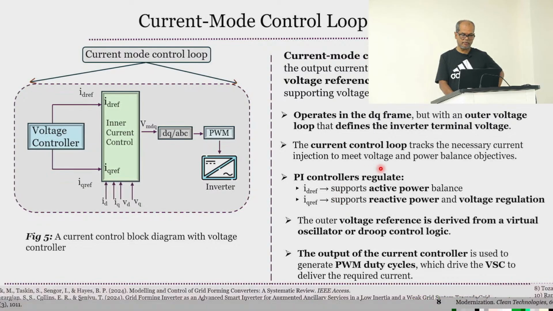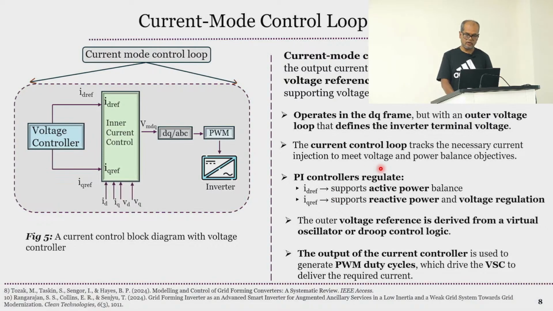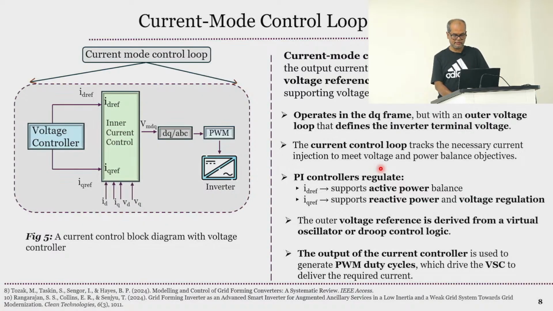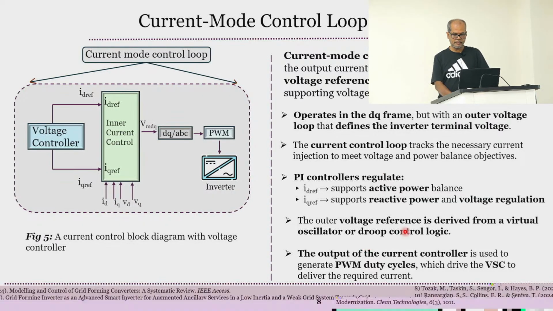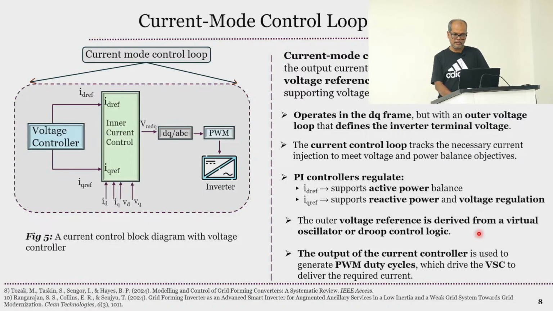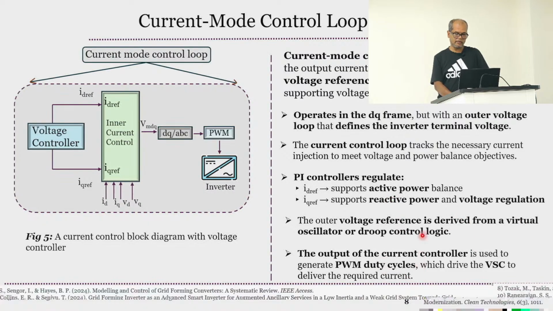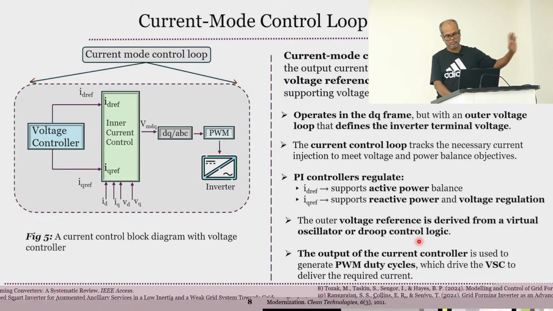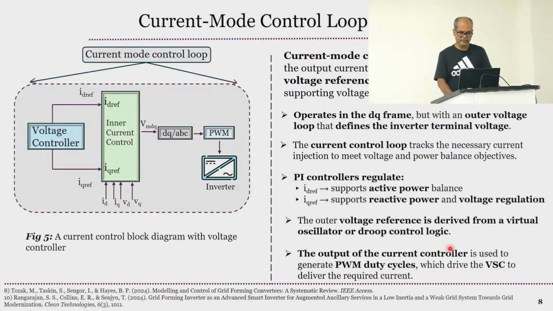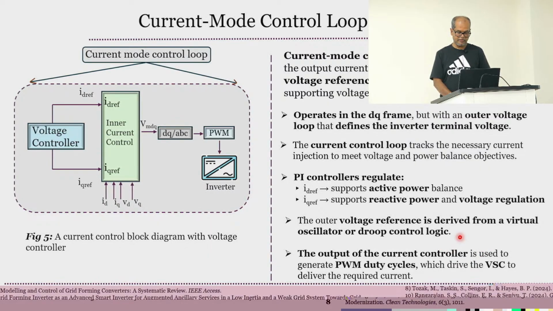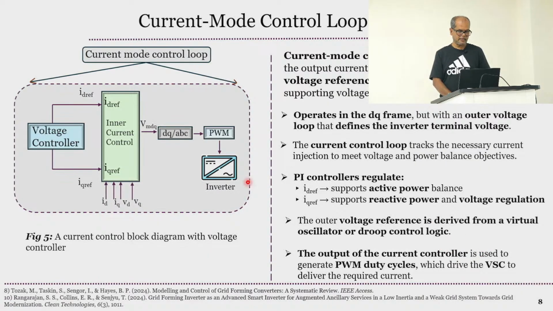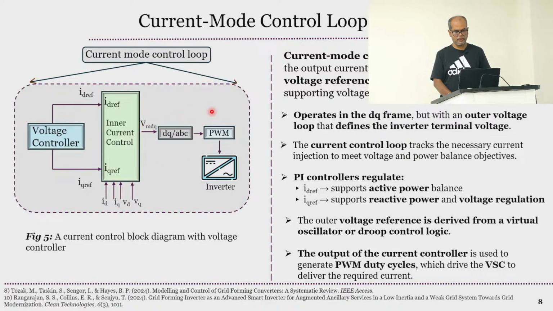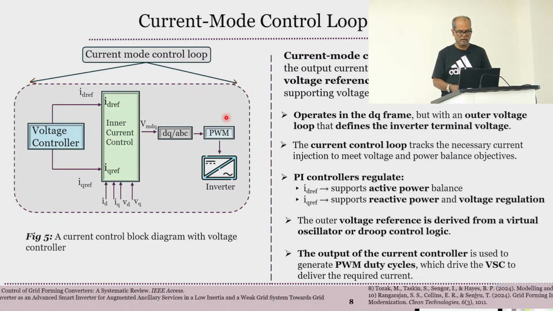PI controllers, again, we use even for grid forming, as we do in most of the devices. But the outer voltage reference is derived from either a virtual oscillator or a droop control logic. It's not coming from the external grid. That's the main difference. Other than that, whatever we get from the inner control loop, we use as input to the PWM for the inverter.